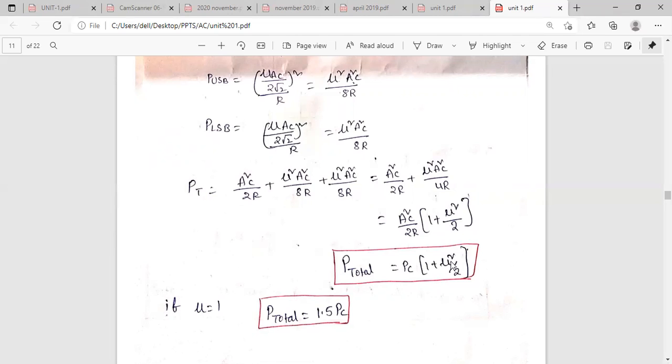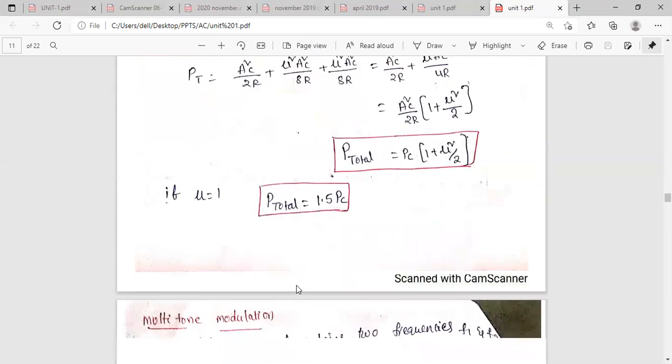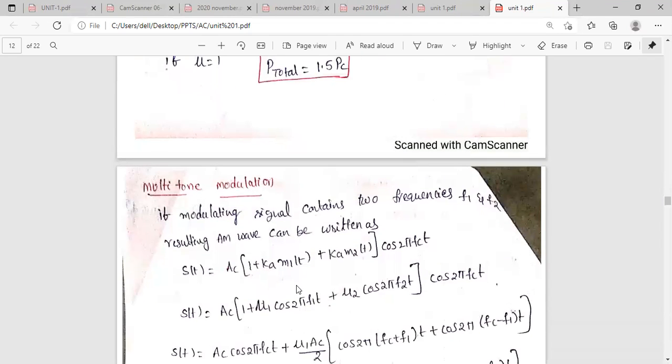If you substitute mu equal to 1, the total power is equal to 1.5 times the carrier power. So these are the power components present in the amplitude modulated wave, and the total power we can also calculate using this formula.